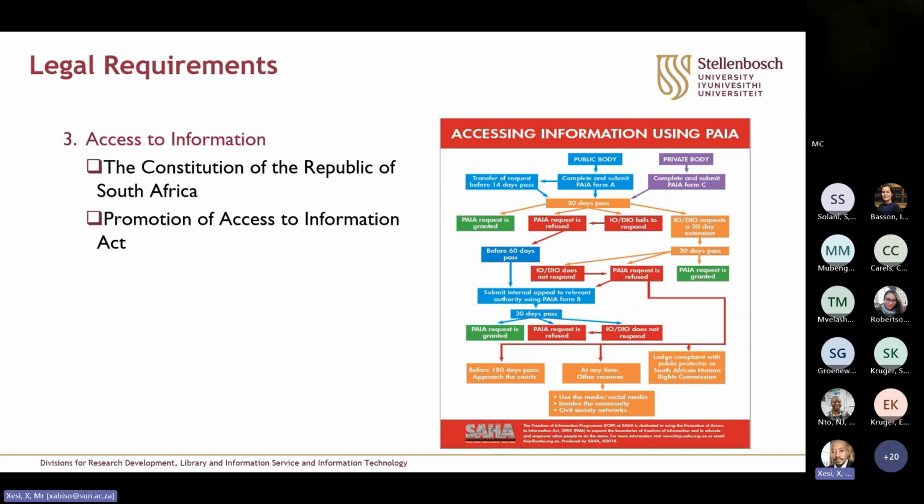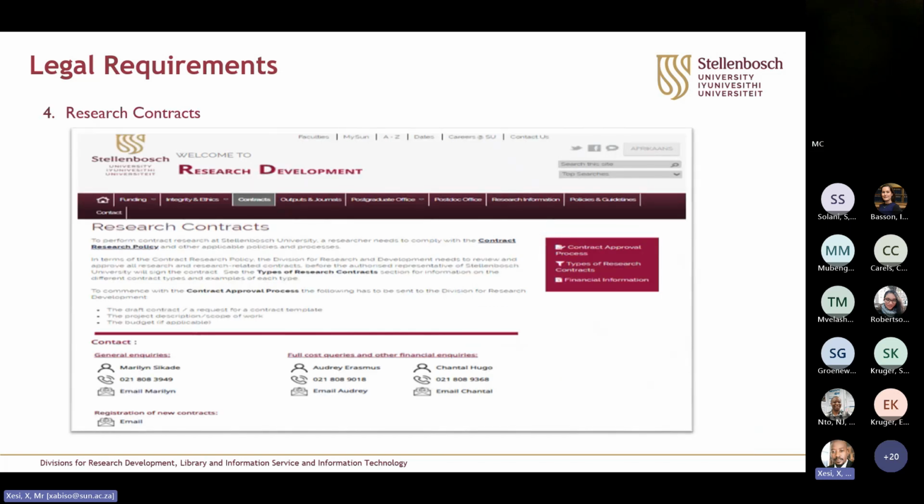For the openness of the information, we've tried to put it on SUNScholar, because SUNScholar is an open source platform whereby people who are not associated with Stellenbosch University can still have access to the data, if the researcher chooses to make that data open to them, without having to have SU credentials.